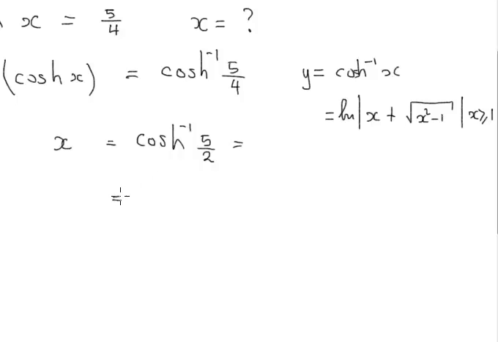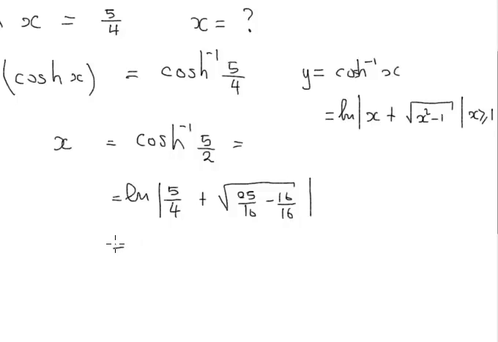Then you come here and say ln of 5 over 4 plus the square root of 25 over 16 minus 16 over 16. Are we together? What is 25 minus 16? 9.